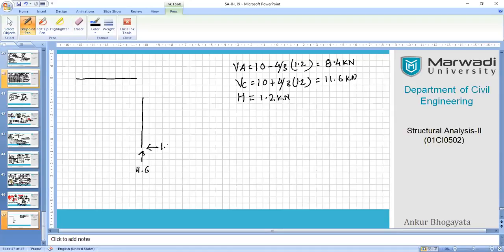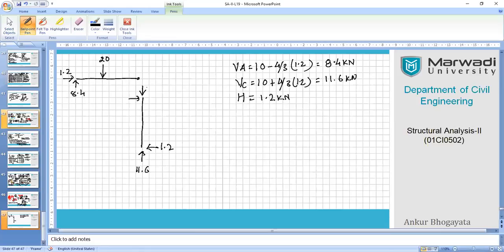This is going to be your 1.2. So equal and opposite force will be applied as a rule that you have learned earlier, that these are the internal forces, and in addition to this, we'll be having some moment as well at this point, right? For that, we have VA value. VA is 8.4, right? Here you have a point load of 20 kilonewton. You have one reaction here, that is 1.2, right?